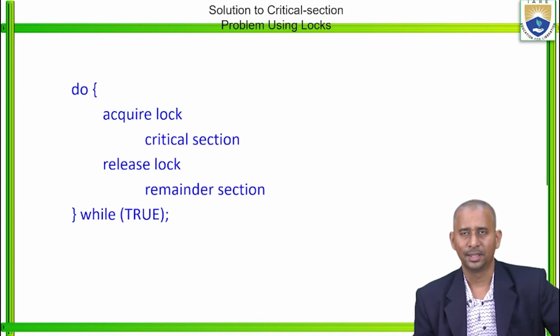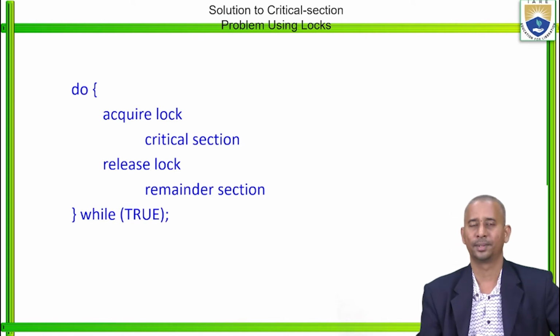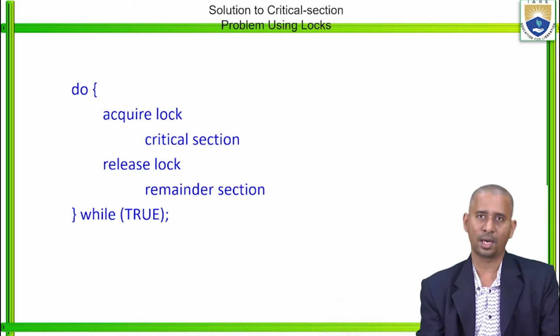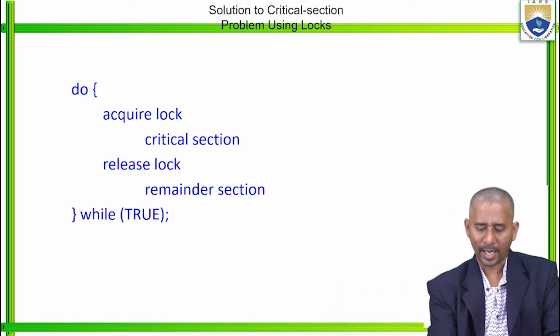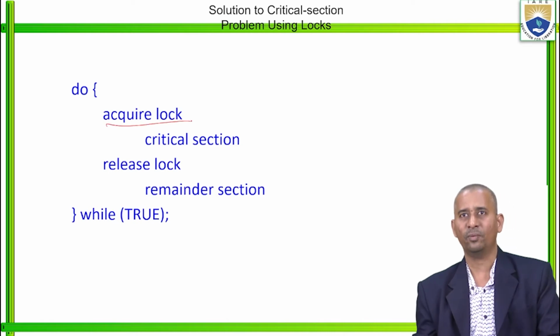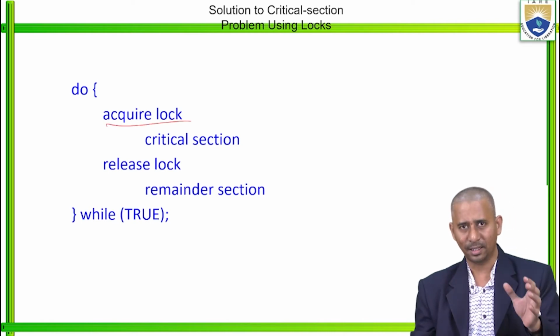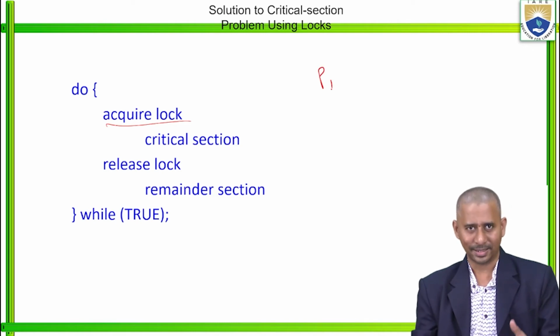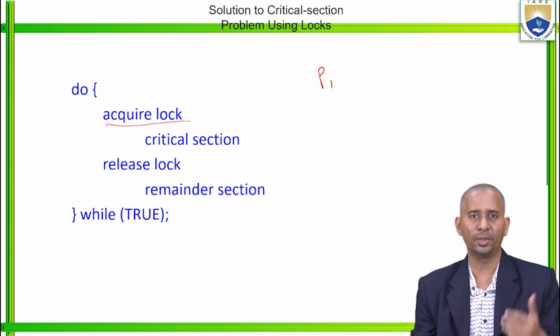This is the solution to the critical section problem using locks. So here, acquire lock, which means that, for example, process P1 gets a chance to execute.